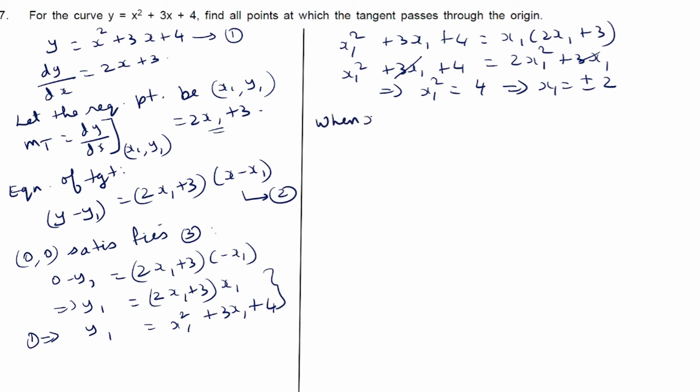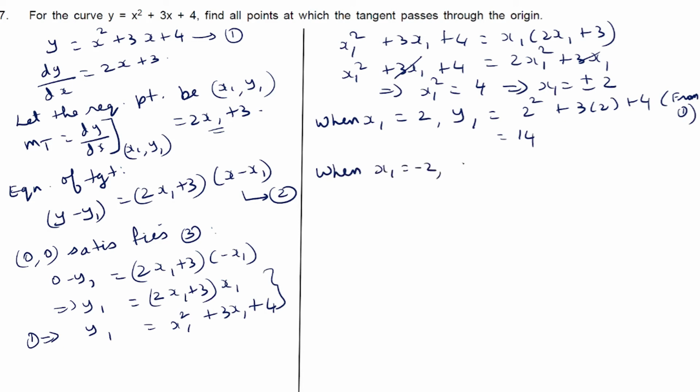So when x1 equal to 2, y1 equal to 2 square plus 3 into 2 plus 4. So it is 4 plus 6 plus 4, 14. This is from 1. Similarly, when x1 is minus 2, y1 is equal to minus 2 the whole square plus 3 into minus 2 plus 4.